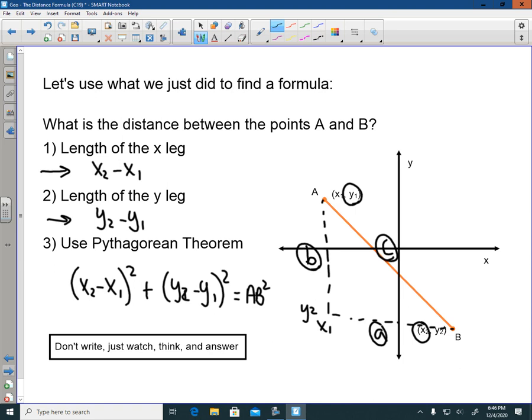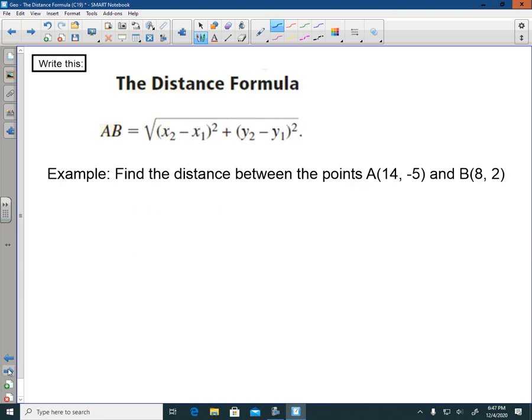So there's one more thing to tell you, because our book actually expresses this distance formula in a slightly different way. Now don't pick up your pencil yet, because this is what the distance formula looks like in your book. Now I'm going to write how we had it on the other slide real quick.